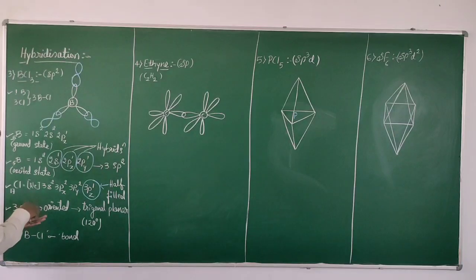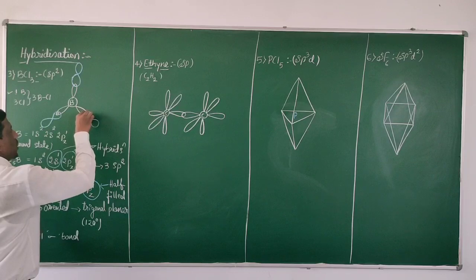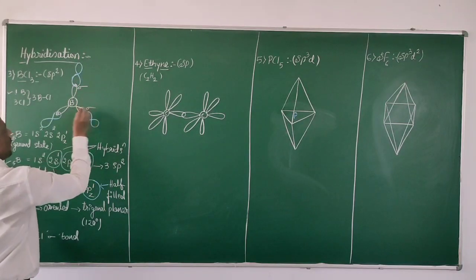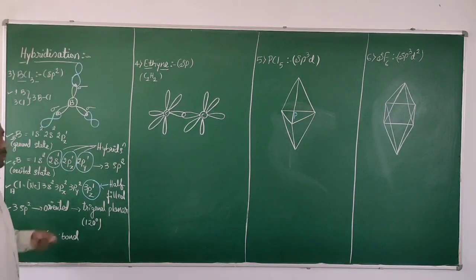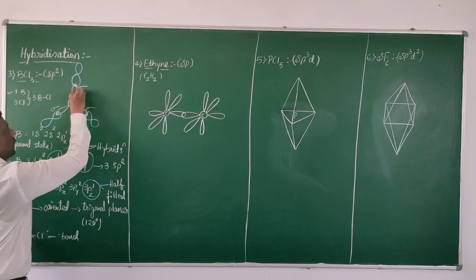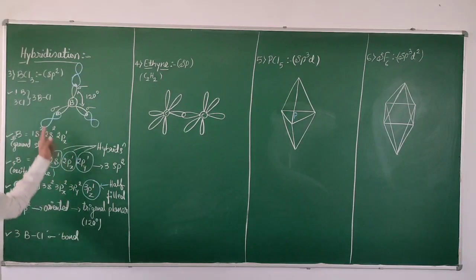They make the bond formation here and form 3 boron chlorine sigma bonds. This is the structure of boron trichloride, and the bond angle is 120 degrees. This is about the boron trichloride molecule with sp2 hybridization.